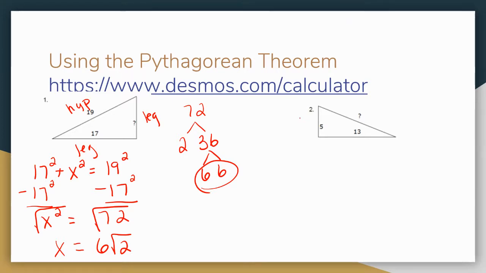My second example, I'm given 2 legs, and I'm looking for my hypotenuse. So my leg squared plus my leg squared is equal to the hypotenuse squared.